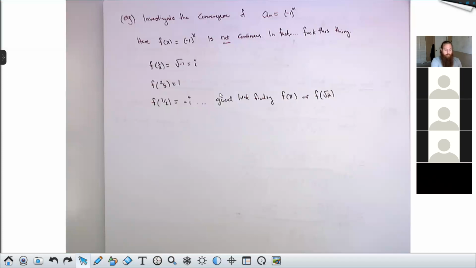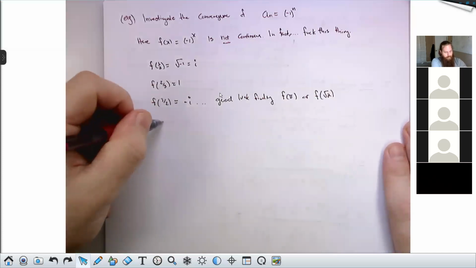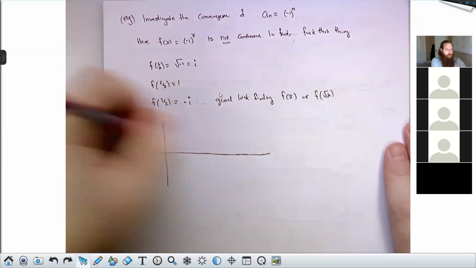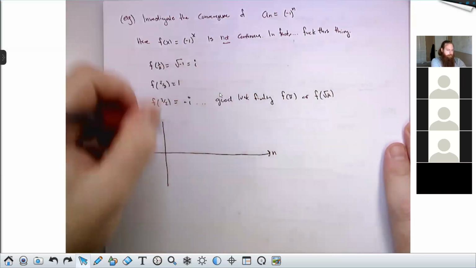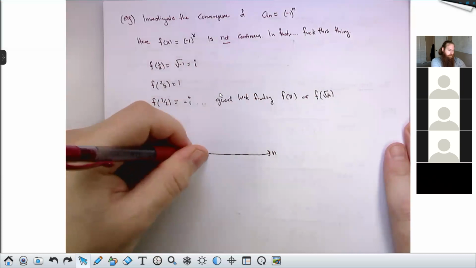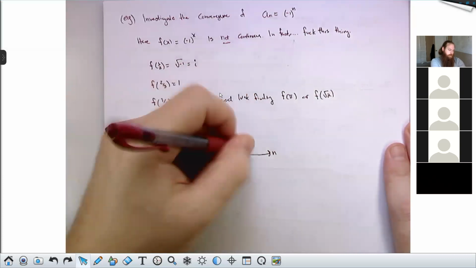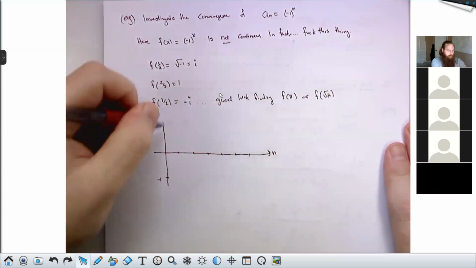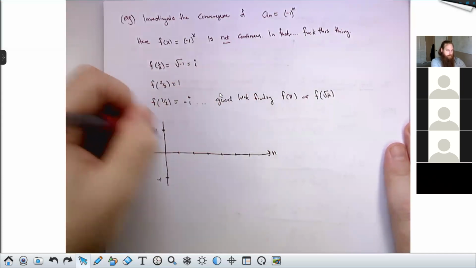But if you look at the graph of -1 to the n, you'll be able to tell me about this limit, no problem, I suspect.